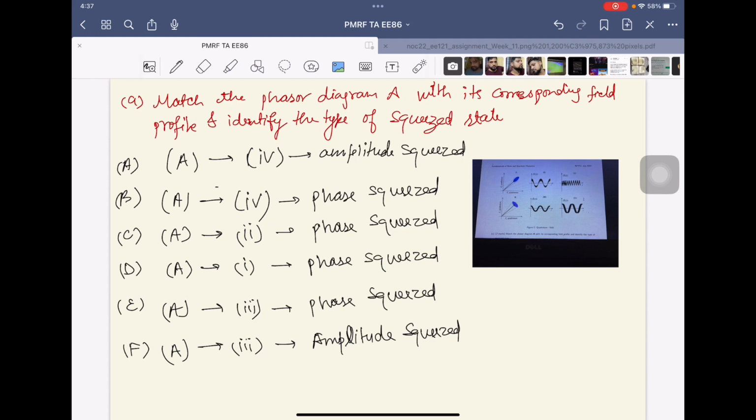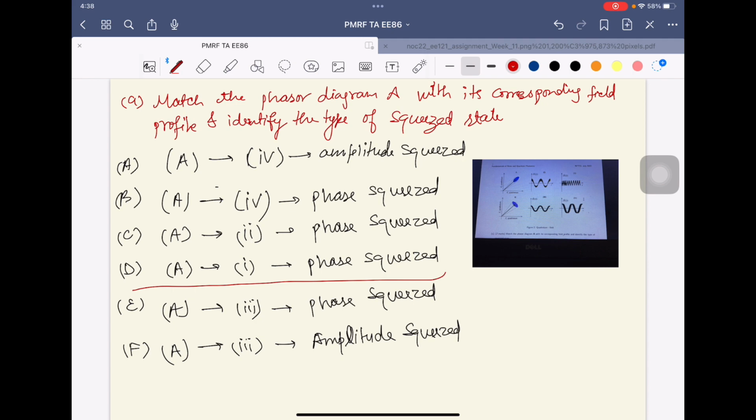Which one will be in your case? So this A1 will be the phase squeezed. The correct answer is A2-1 to phase squeezed. This will be your correct answer.